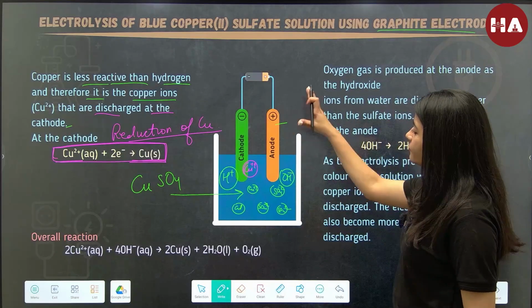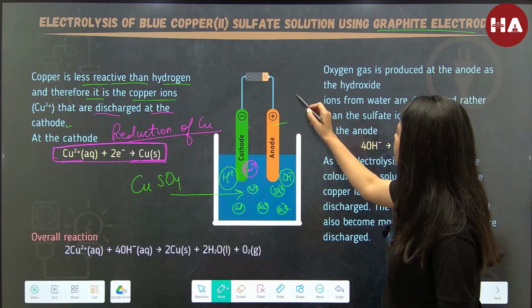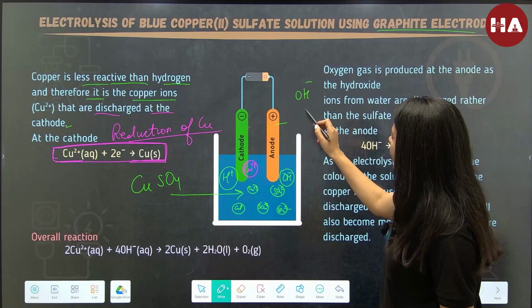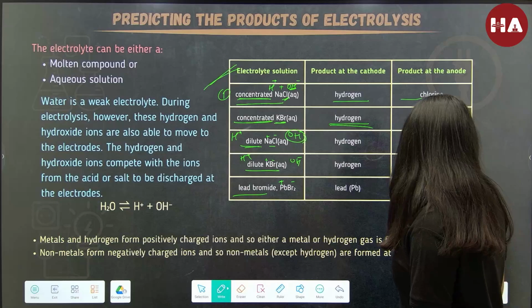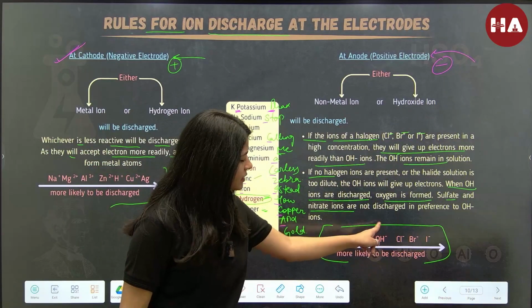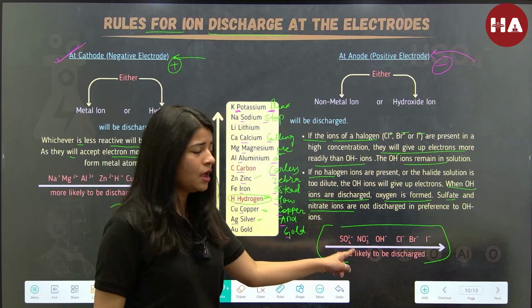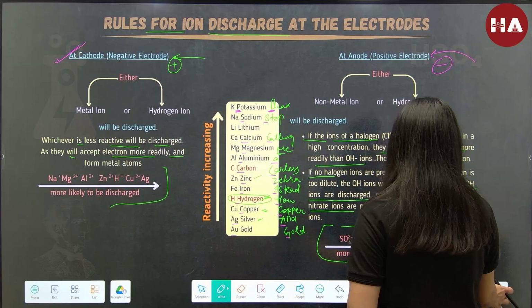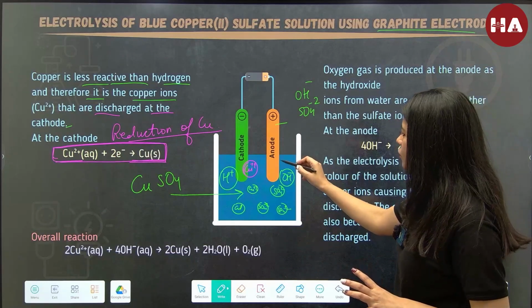Next, what will be happening at the anode? Now at the anode we have two ions to compete with, OH minus and SO4 minus 2. In the previous slide itself, I told you that OH minus is more likely to be discharged than SO4 and NO3. So definitely hydroxide ions will be discharged over here.